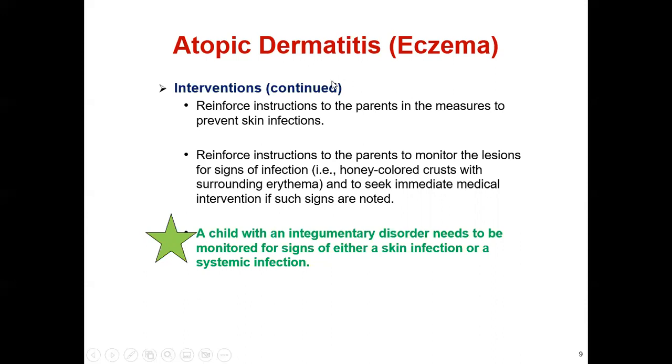We educate the parents on measures to prevent skin infections. Educate parents to monitor the lesion for signs of infection like honey-colored crust or spreading erythema, and look for immediate medical intervention if such signs are noted.